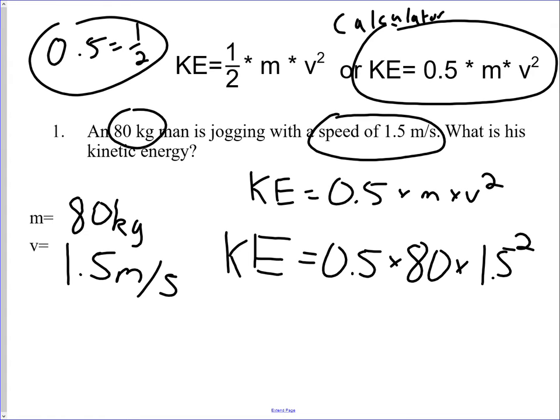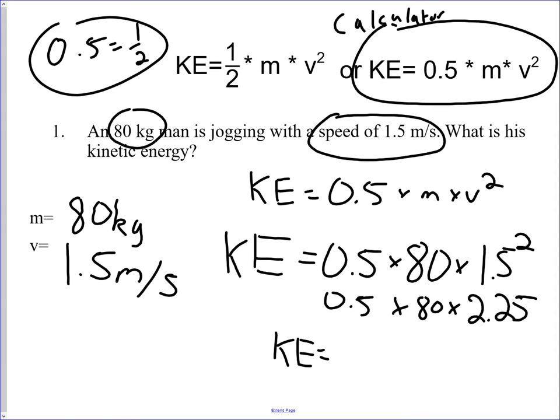When you do 1.5 squared, that's 1.5 times 1.5. You could put that in your calculator, or you could just use the square button. If I do 1.5 squared, that's going to give me 2.25. I'm writing it under there just in case. So I have 0.5 times 80 times 2.25.